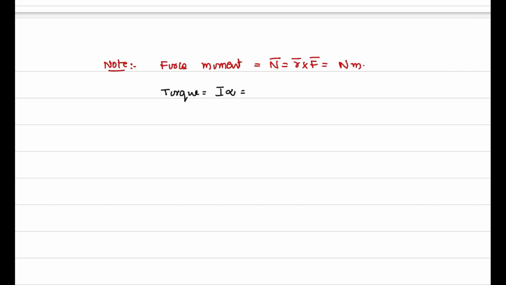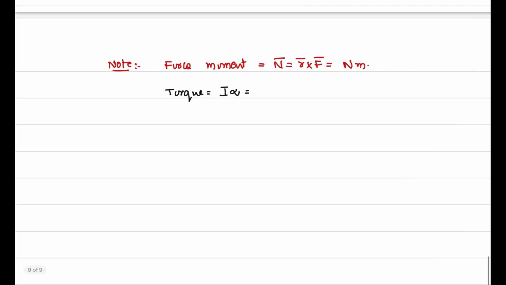What is I? Moment of inertia, that is mass into r square, that is equal to ml square. Alpha is radians per second square, that is t to the power of minus 2.